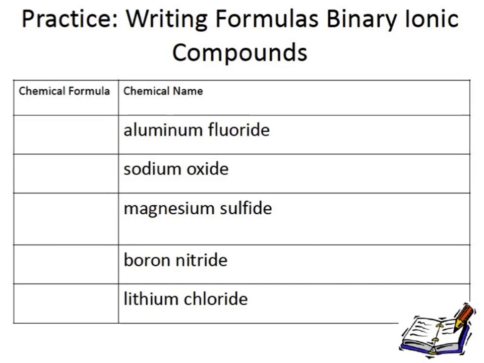All right, we are going to write the formulas. These are all ionic compounds, which means that they are all ions. So the very first thing you need to do, once you've identified that it's a binary ionic compound, is to identify the ion charge.